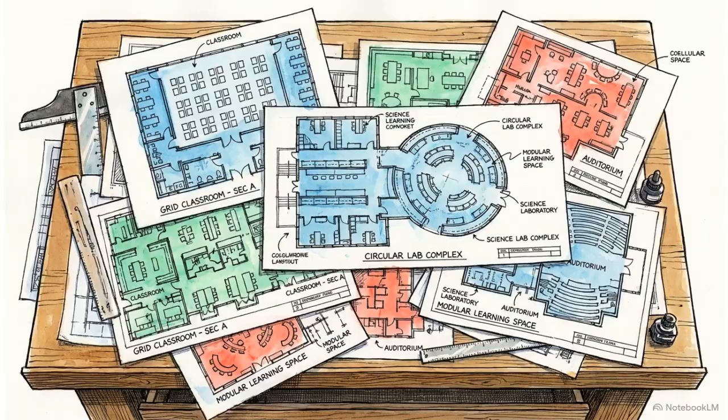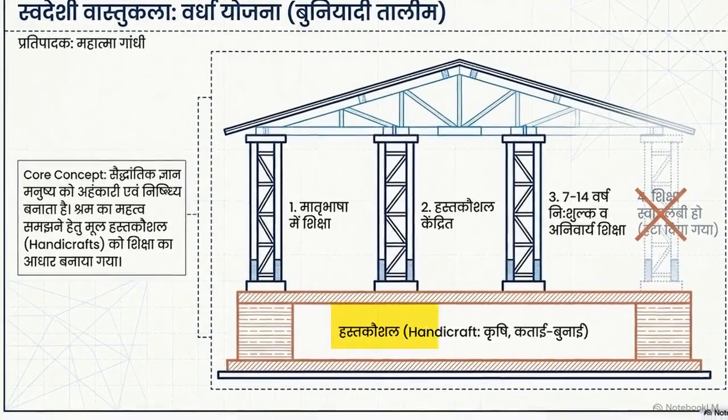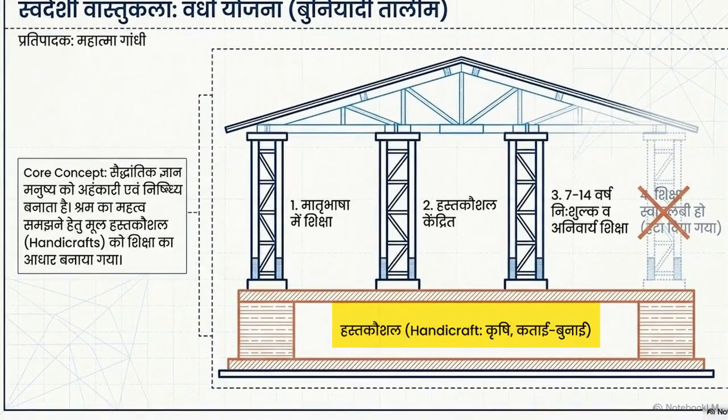Modern educators inherit the results of this historical teardown. They possess a massive, highly complex repertoire of competing architectural frameworks. This architectural drawing displays Mahatma Gandhi's Wardha scheme, a framework designed entirely around physical handicraft to foster societal self-reliance over abstract academia.